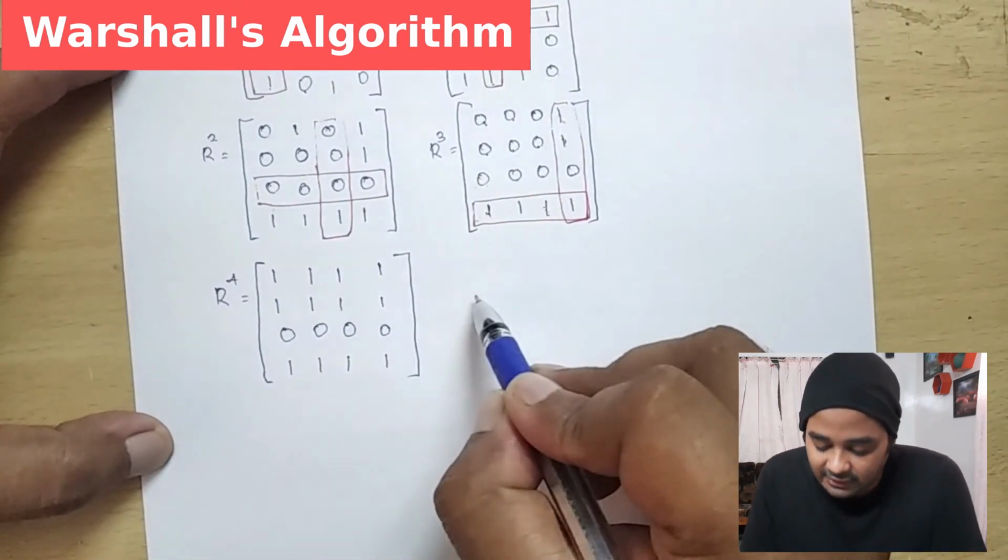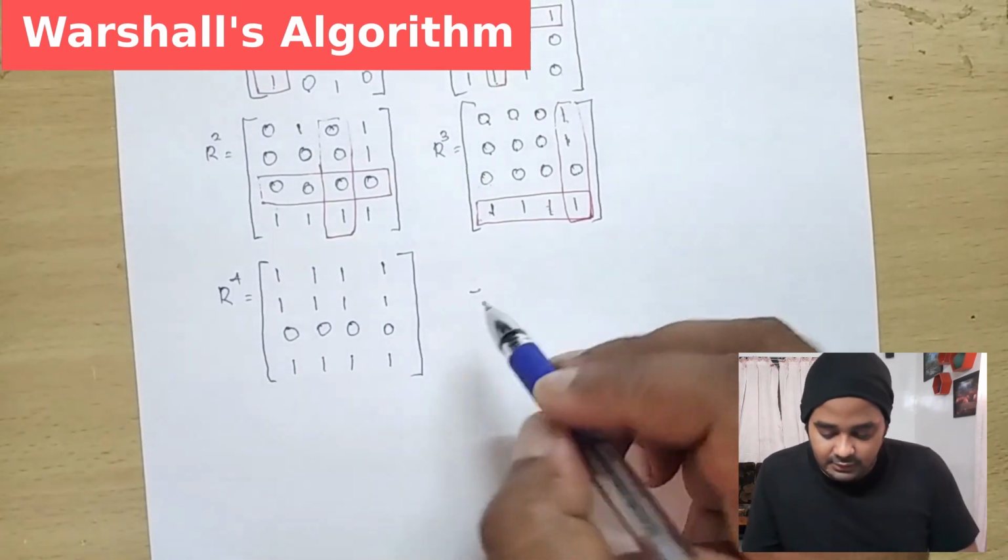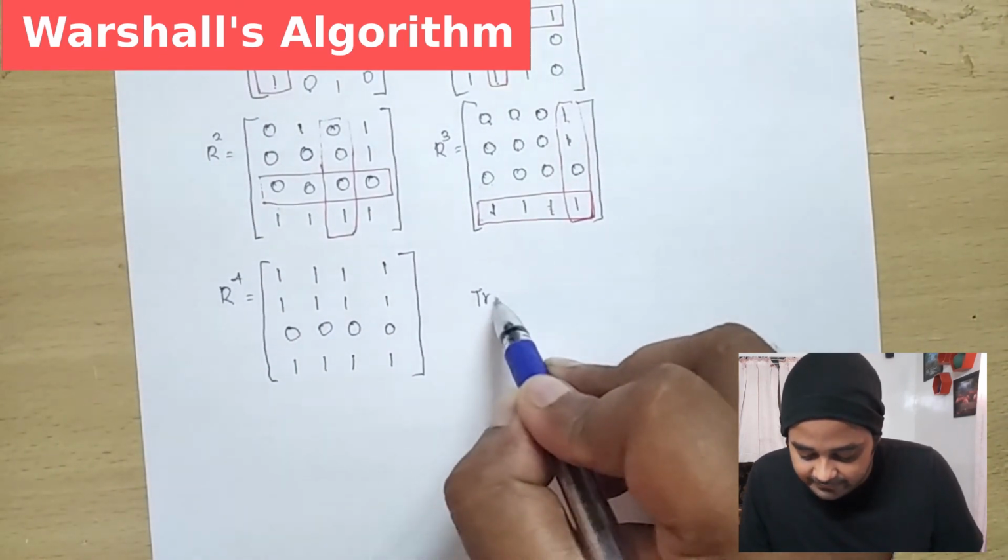So this is your transitive closure for your given graph.